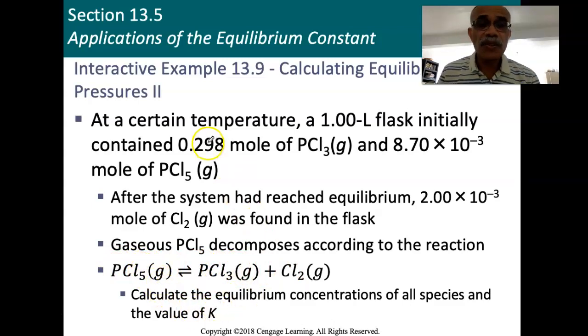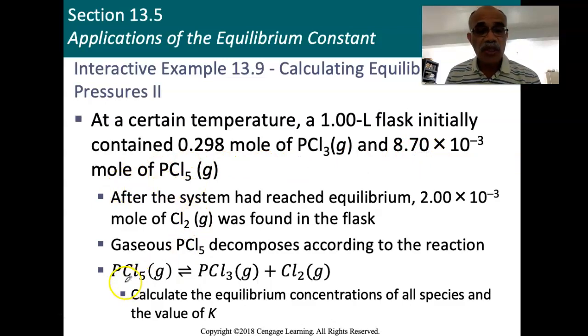Now, let's look at the given conditions. So here you're given the volume, 1 liter, and it contained initially 0.298 moles of PCl3 and 8.70 times 10 to the negative 3 mole of PCl5.